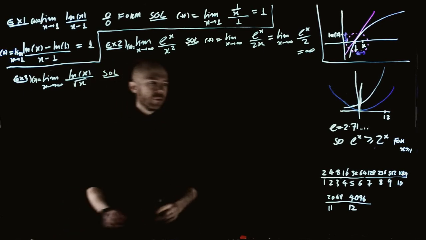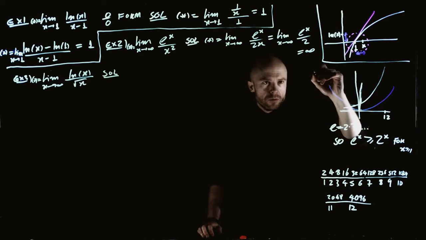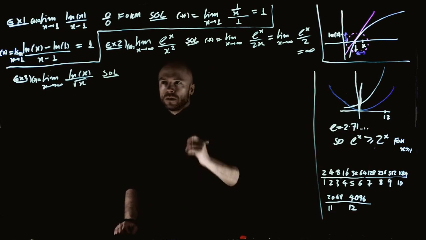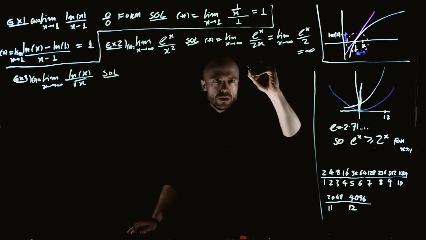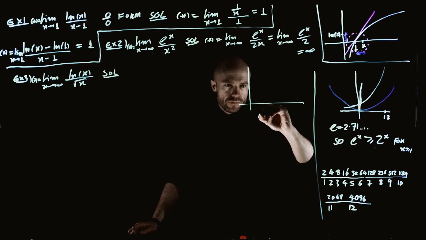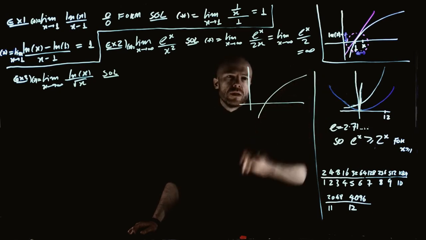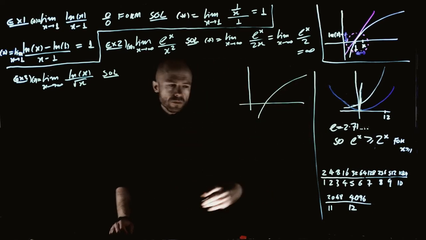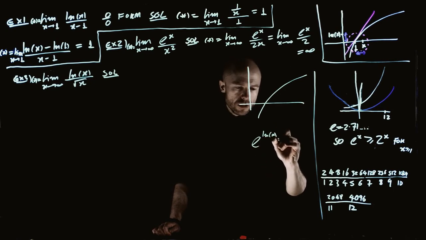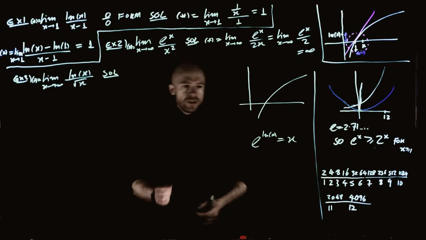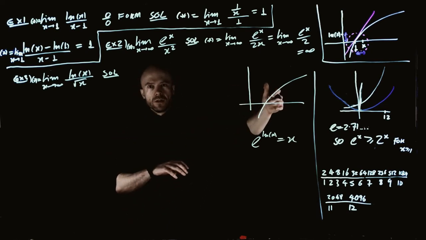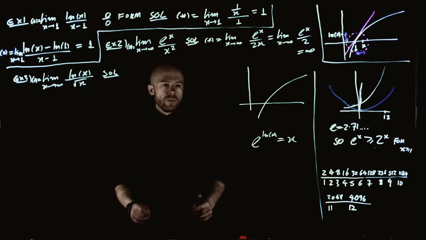And again, we want to get some kind of understanding of what this looks like before we actually apply L'Hopital's rule. So log is the inverse of e. It looks like this. Yeah? So e to the log x is equal to x, which means that log unwraps e. So e sends numbers close to infinity to numbers close to infinity, so log has to do the same thing.